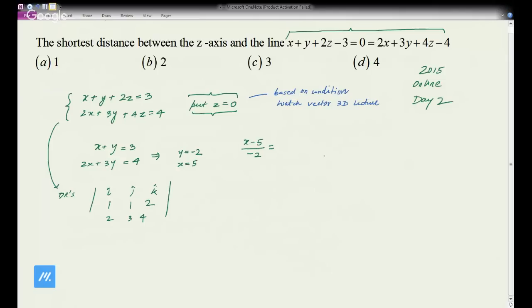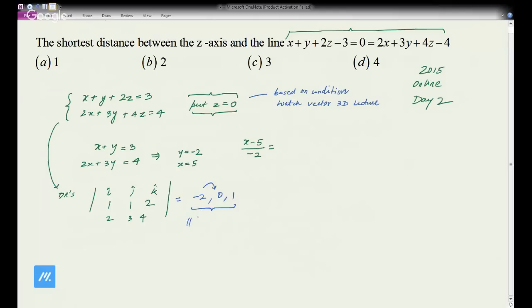Let's not go away from the topic and let's come back to the question. If you solve this, the DRs in this particular case are -2, 4, 0, and 1. These are the DRs. Clear? Here you can see that the y component is 0, so this is perpendicular to the y-axis.